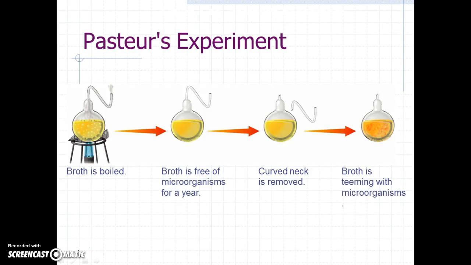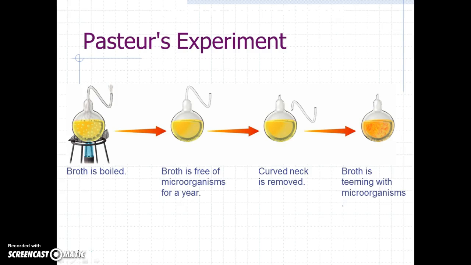What he did is he invented a very cool Z-shaped neck, this curved neck on top of a flask. And so he boiled broth, which is made from, say, chicken bones and organs, so a great medium for bacteria to grow in. He boiled it, and then he kept it.